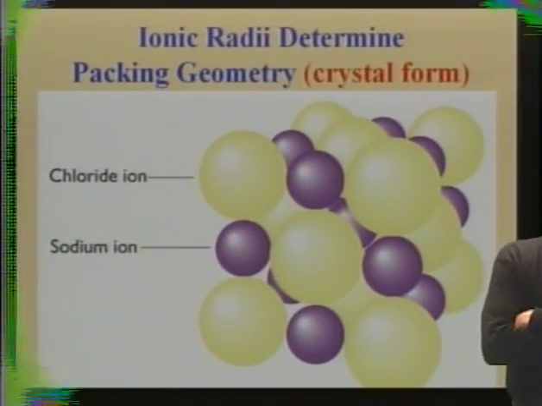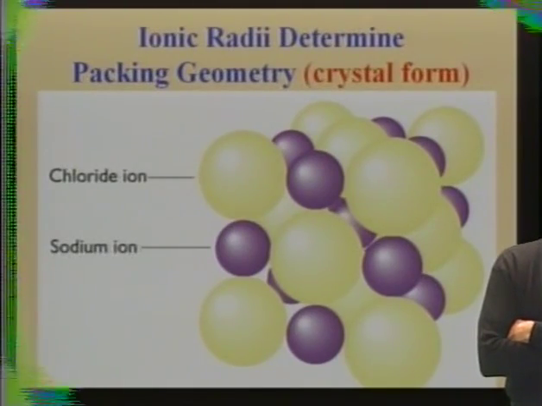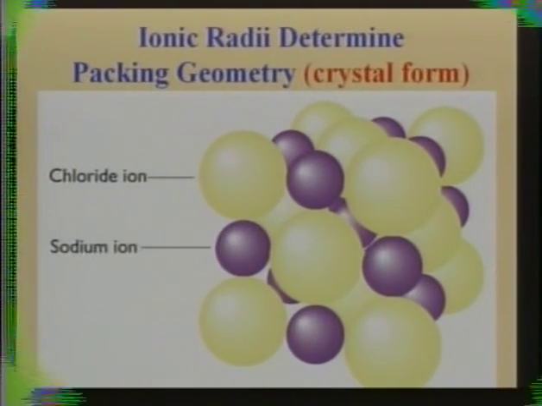If you look at the picture, you'll notice the chloride ion's much bigger. It's the largest of the two, and sodium's smaller. Now, if you had to pack those together, they're only going to create a certain specific kind of geometry because of those radii. You can't put them together any other way, along with the bonding character, and so you wind up with a nice cubic form.